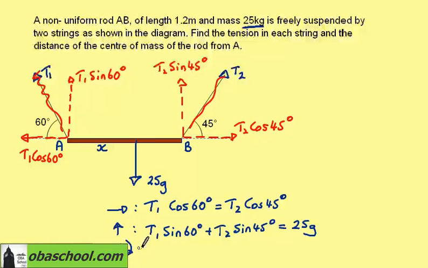It's also the case that if we take moments about any point, the resultant moment must be zero. Let's take moments about A. So this is our pivot, and this component will have no turning effect because its distance from the pivot is 0.